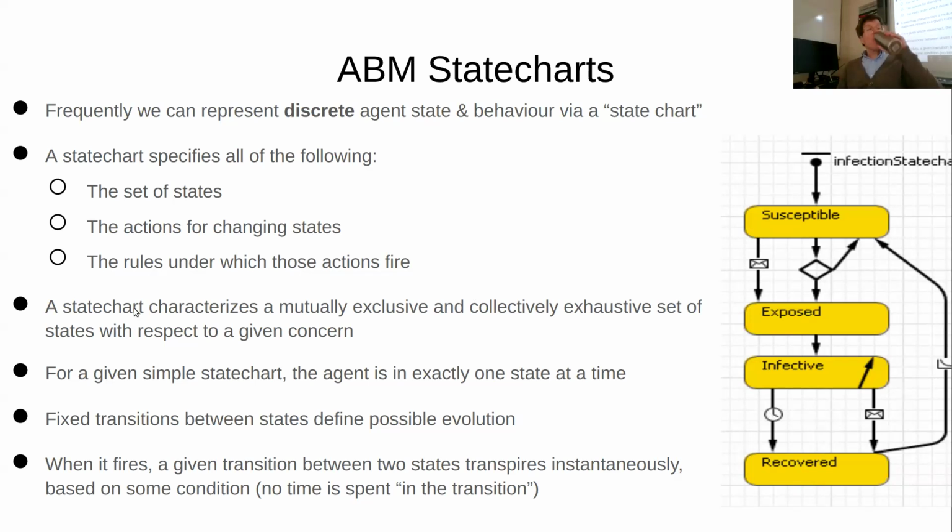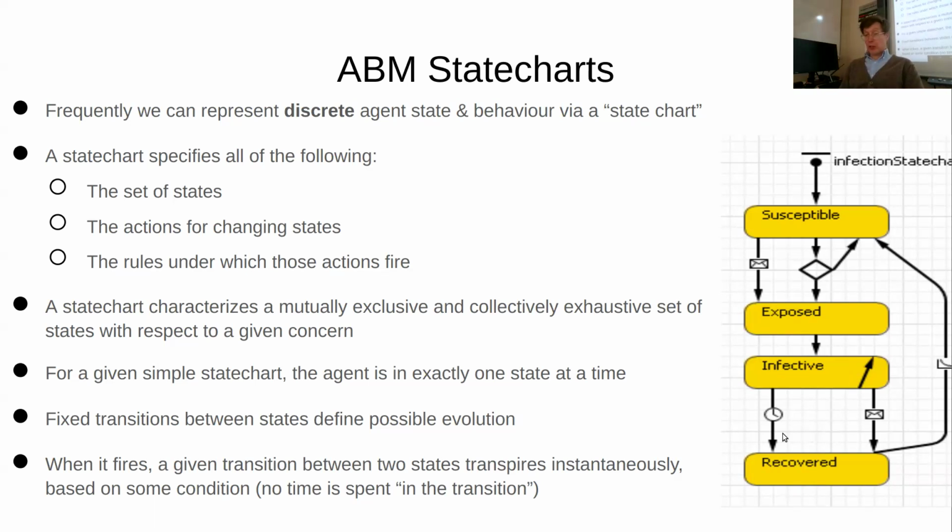Now, with respect to a concern, I should note that a state chart characterizes a mutually exclusive and collectively exhaustive set of states with respect to that concern. And what I mean by that is they're collectively exhaustive.